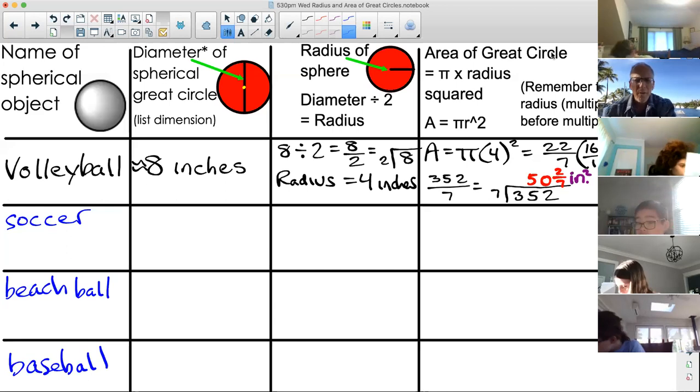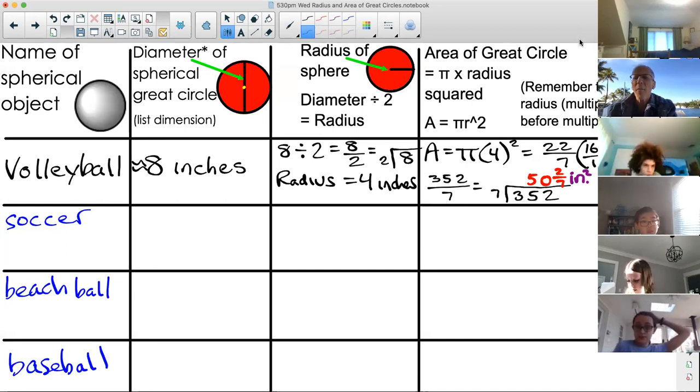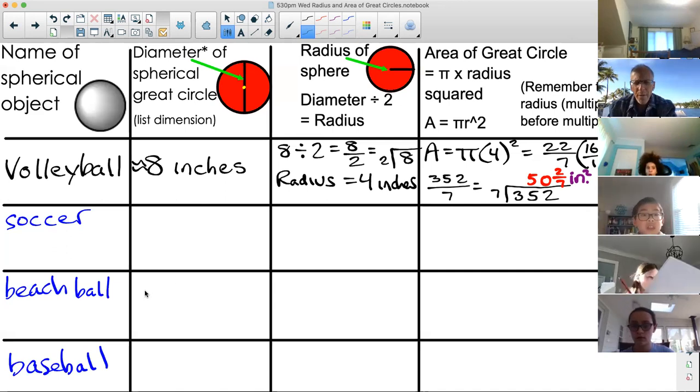Now, full disclosure, guys, beach balls can be different diameters. There's no regulation beach ball, the same way that there's a regulation baseball, soccer ball, volleyball, basketball, etc. So let's go with 24 inches.